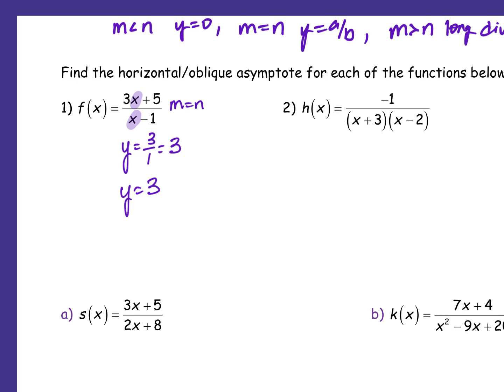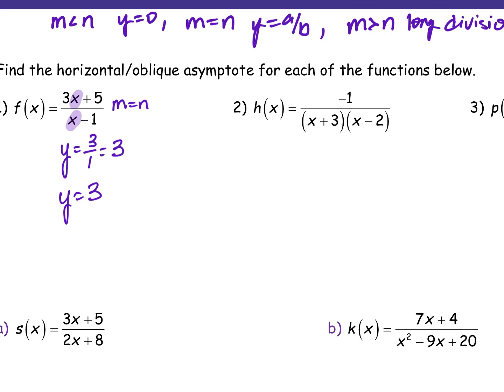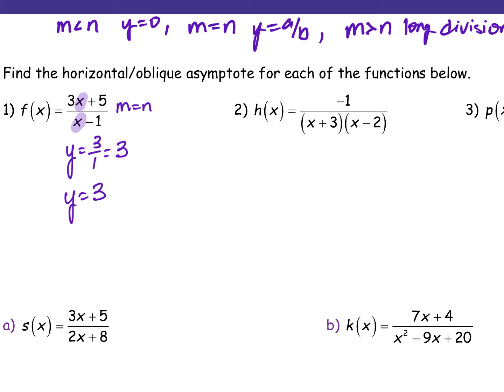Okay. Number 2. I have no exponent up here. What's my power on the bottom going to be? x times x is going to be x squared, so on the bottom I've got an x squared.